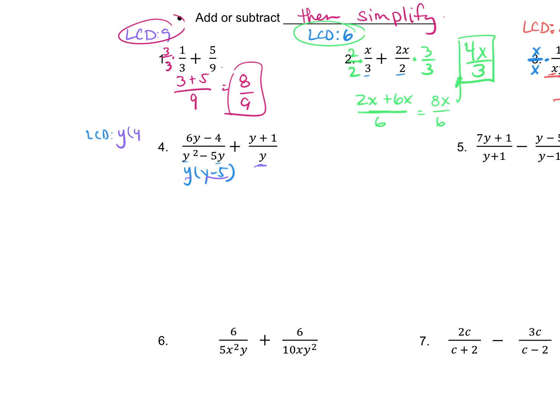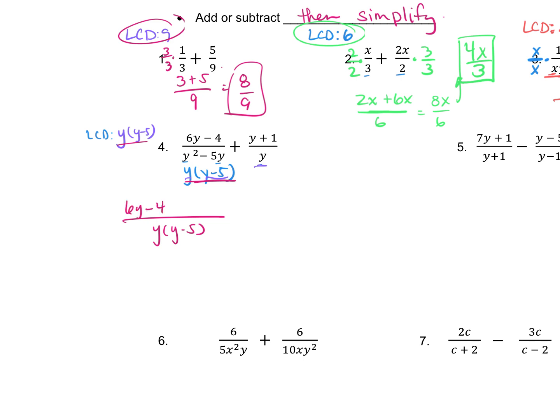It also makes it easier to figure out what I actually need to multiply by, those factors that are missing. For this one here, I'm not missing any of these, so I don't need to do anything with that. So I'm going to put y times y minus 5 here, and I'm just going to leave this 6y minus 4 here.